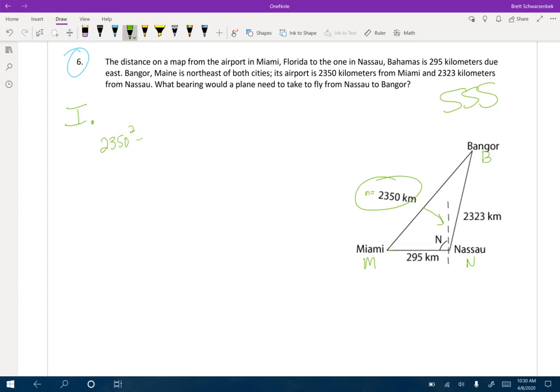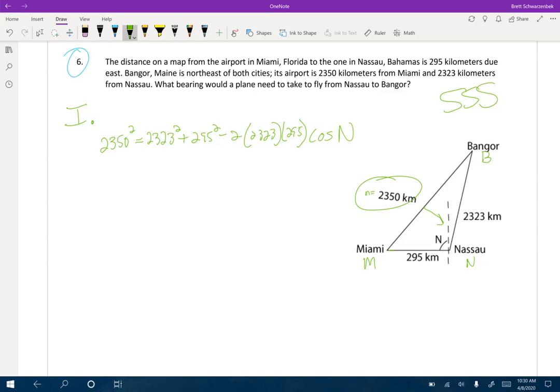We're going to square the other two sides, no order of preference. We subtract 2 times the product of these two sides, not squared, and we multiply by the cosine of the missing angle N.